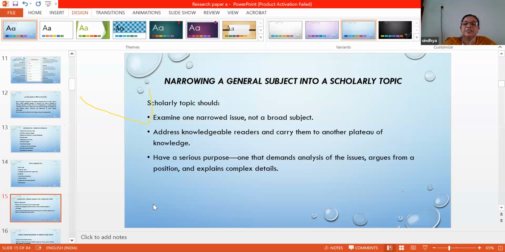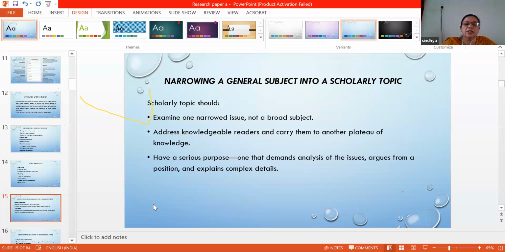So when we select a topic, we should address all these components. It should be a narrowed issue, a small specific issue, and it should address the targeted audience who should read.